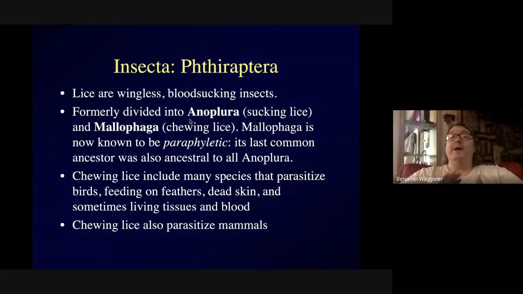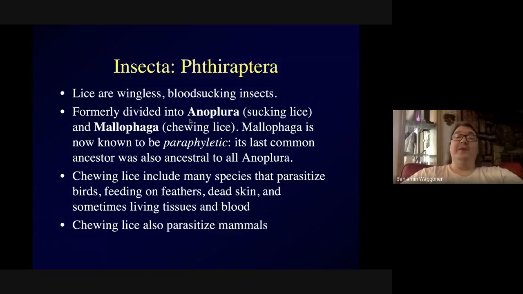Okay. Phthiraptera is the order of insects that includes the lice. The other big insect group that is entirely parasitic is Siphonaptera, which is the fleas, and we'll cover Siphonaptera on Wednesday. Lice are completely wingless.